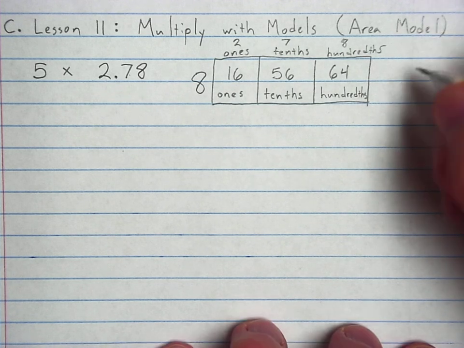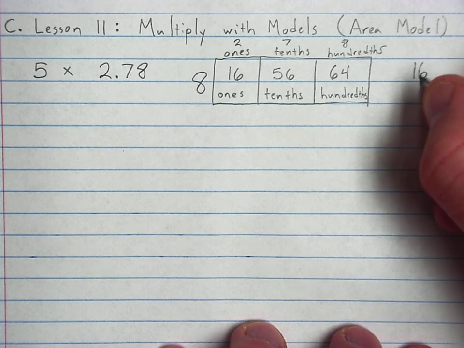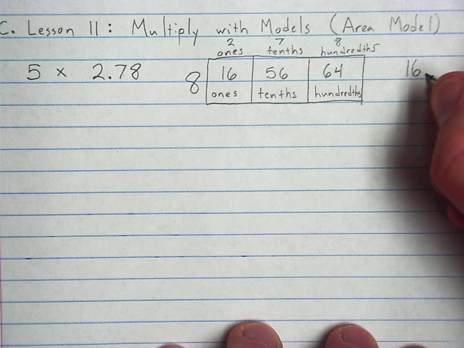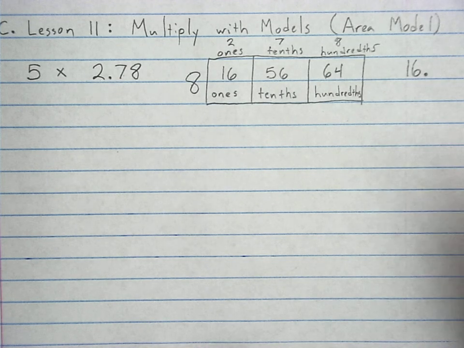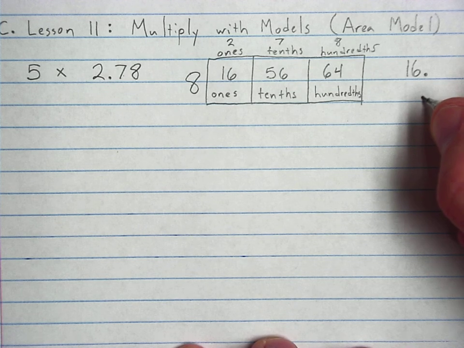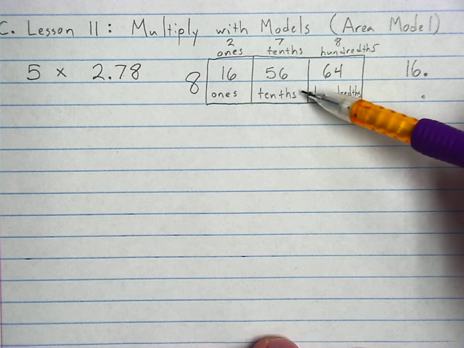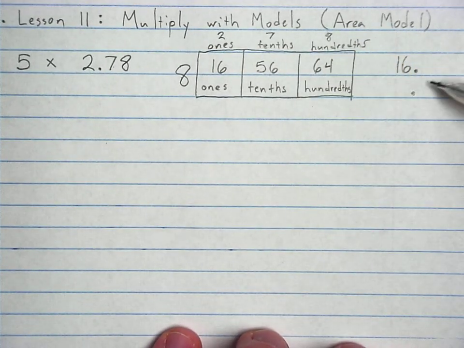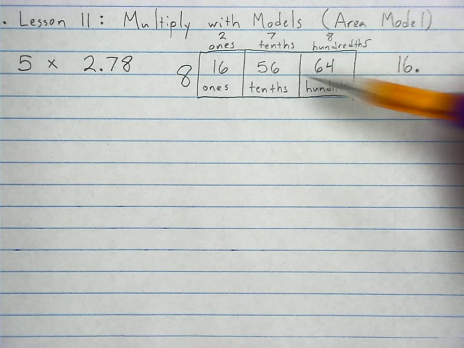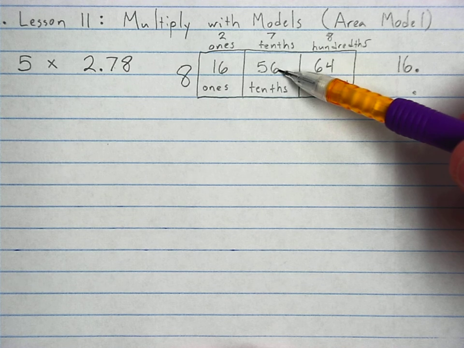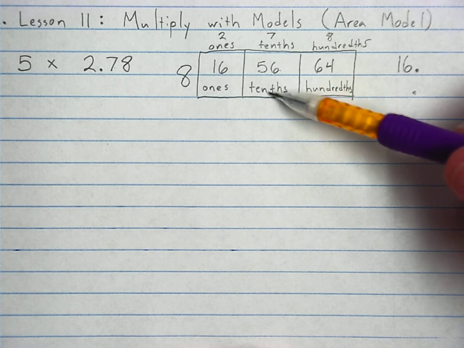Okay. 16 ones is pretty easy. It's just 16. Now I am going to put a decimal point there, just like I keep saying, we have to build everything around those decimal points. 56 tenths might be a little trickier because you know you can't put 56 in one column. We want to make sure the last digit is in whatever column this label is.